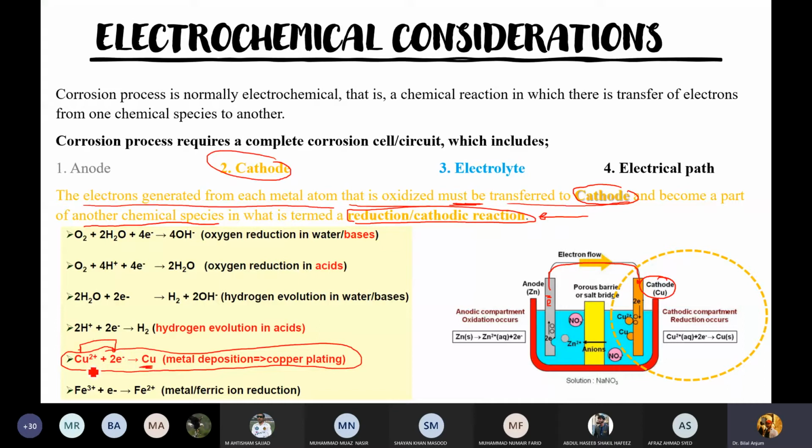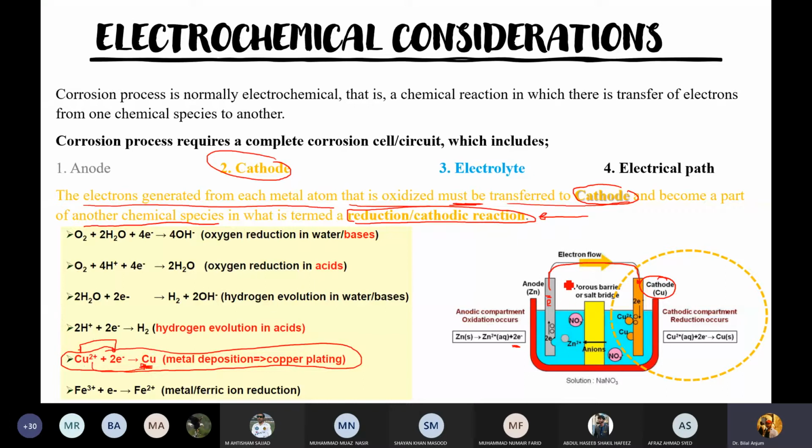So copper ions are converting into copper metal by consuming the two electrons that were generated by the zinc atom. Why is it a reduction reaction? It is basically the reduction of the valency, which is synonymous with the word reduction reaction.